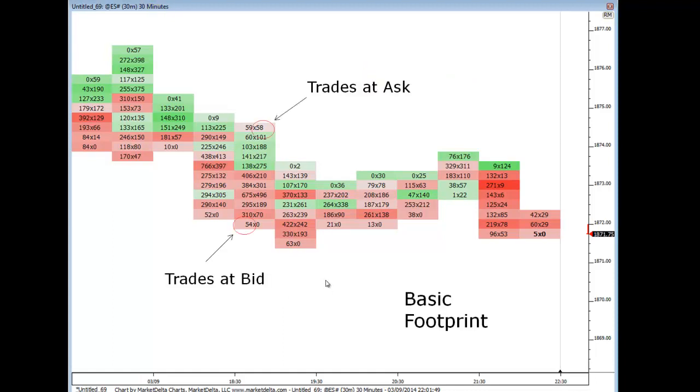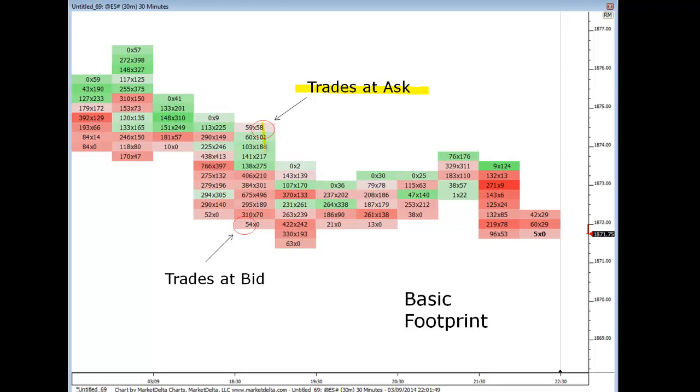If we take a close look at each of these bars, rectangles, or footprints, as Market Delta calls them, we will find that each of them has a number on the right-hand side and a number on the left-hand side, separated by the letter X. Now, all of the numbers on the right-hand side are all the trades that were transacted at the ask.